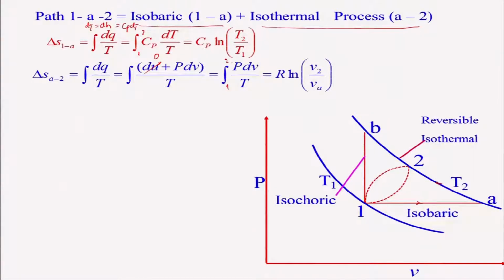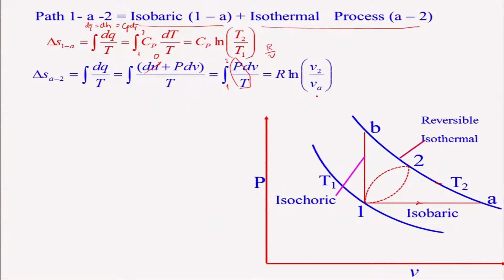This is an ideal gas, so using the ideal gas law, P by T is R divided by V, and then you integrate it and you will get R ln V2 by Va.